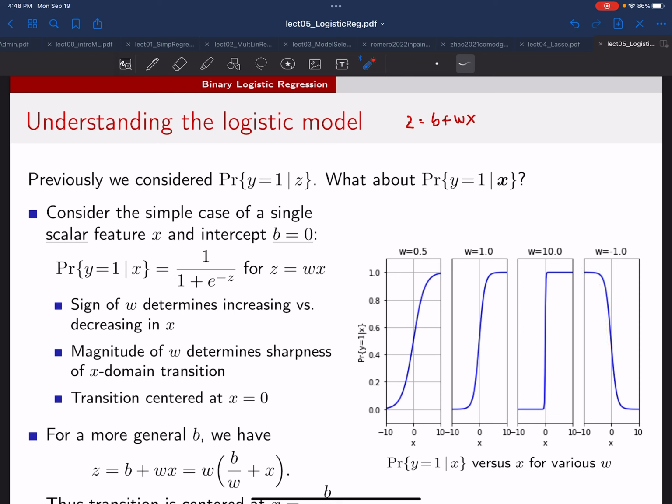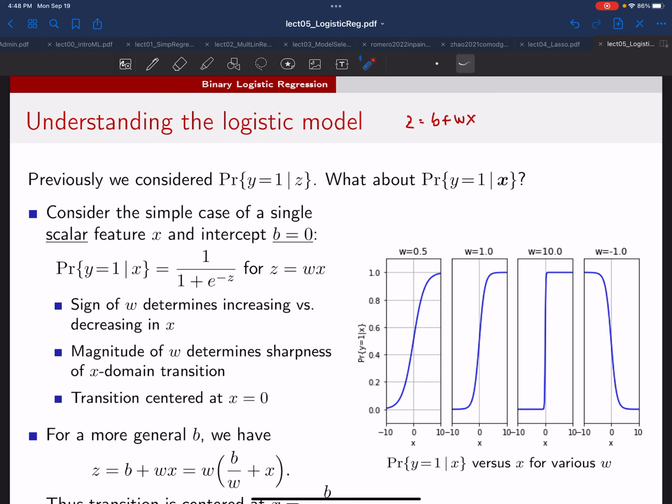It goes from 1 to 0 rather than 0 to 1. So the sign of w determines whether this function is increasing or decreasing. The magnitude of w determines the sharpness of the transition. But so far, the transition in all these cases is centered at 0.